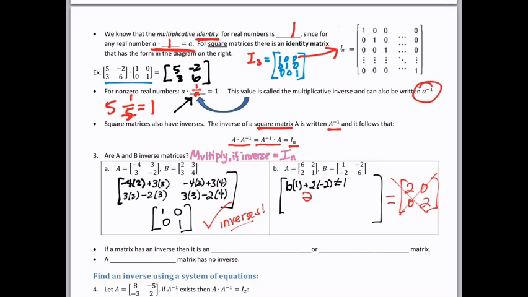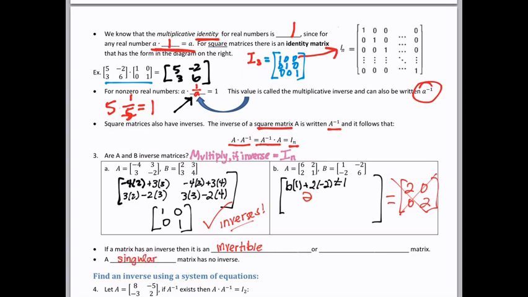Okay, so a couple facts about inverse matrices. If a matrix has an inverse, then we call it an invertible matrix. I'm going to actually skip the next blank and go down to the second line, if a matrix does not have an inverse, we call it a singular matrix.